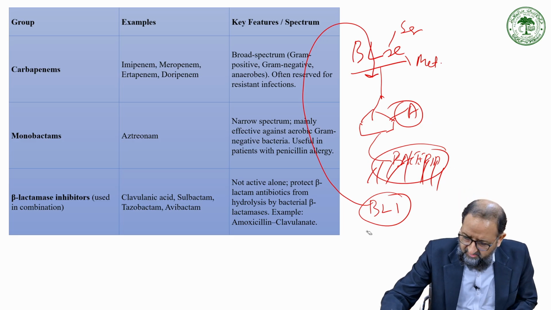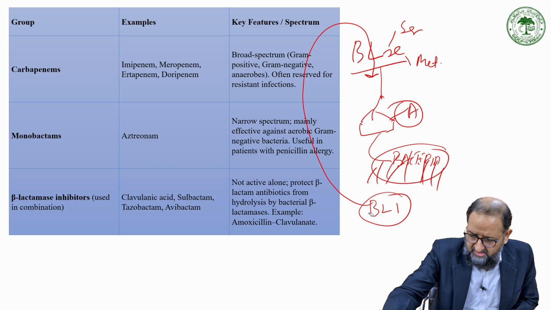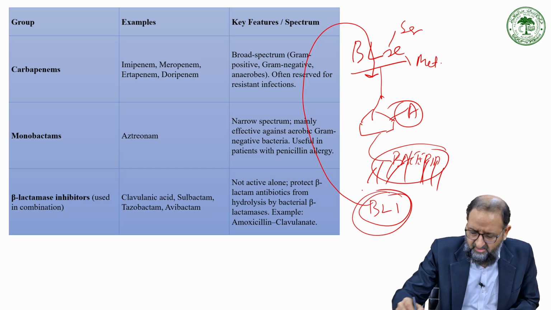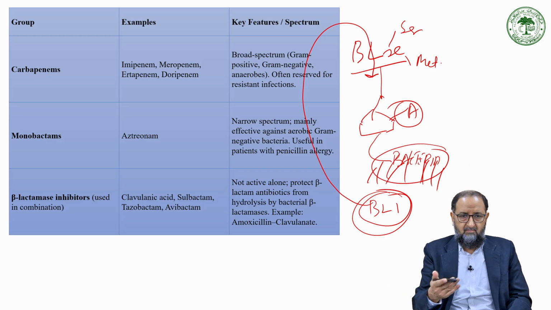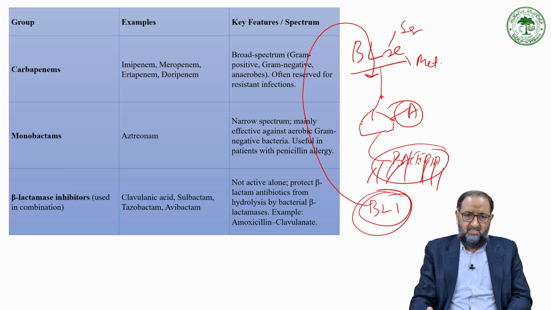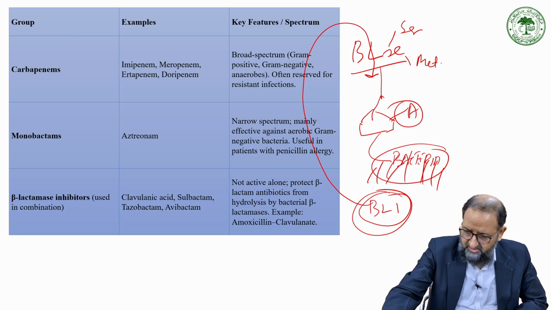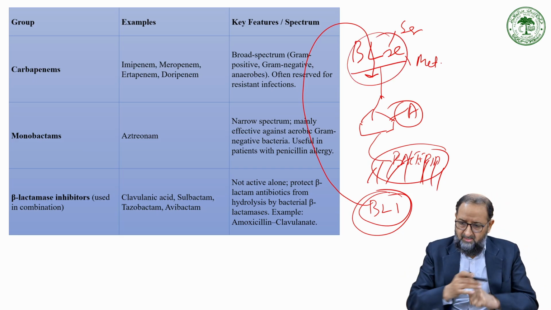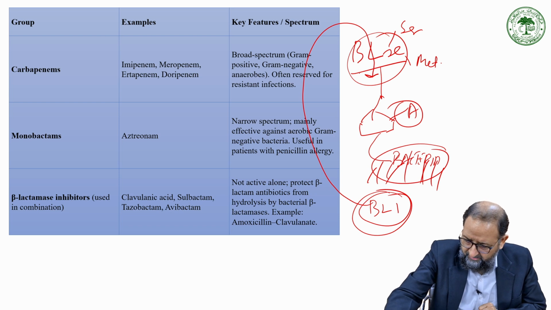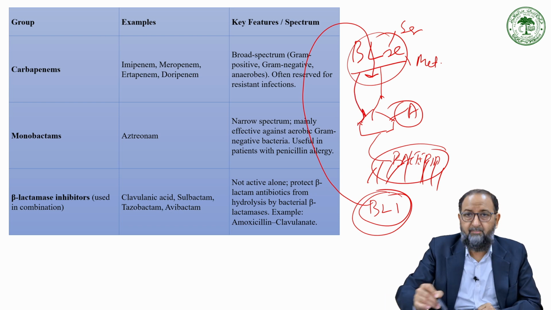Now, when the resistance develops, there are n number of beta-lactamase inhibitors in the market, like sulbactam, clavulanic acid is one. So what do clavulanic acid, sulbactam, tazobactam, or avibactam do? They block the beta-lactamase enzyme, and by blocking it, they inhibit the action of the beta-lactamase enzyme on the antibiotic beta-lactam ring.